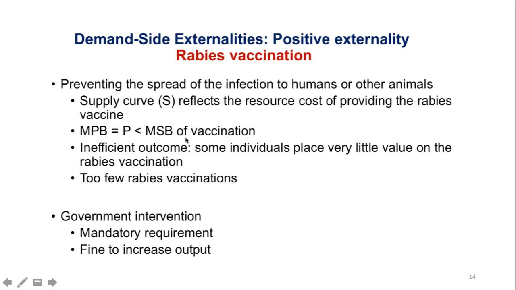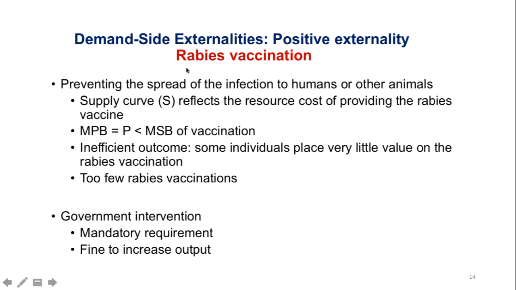Now, the demand side externalities are basically positive externalities and negative externalities. We talked about the negative one, which is smoking. The positive externalities are like vaccinations. Most vaccinations have positive externalities, meaning that vaccinating one person can benefit so many people around that person.